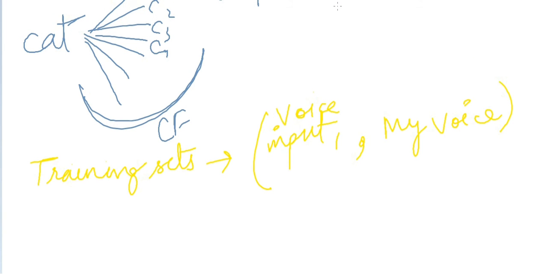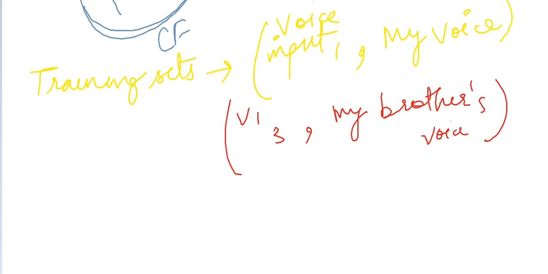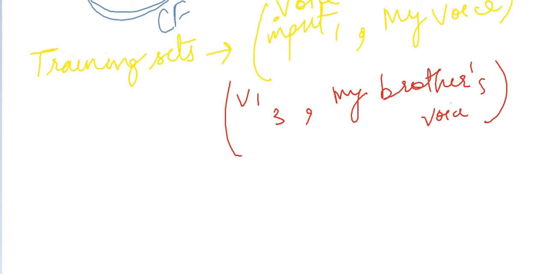And the same, voice input 3 is my brother's voice. And we can put some more instances to it, so that they are going to be your training set. You're actually training the machine to recognize your voice. So when I say something to Google, it understands it's me who's speaking.